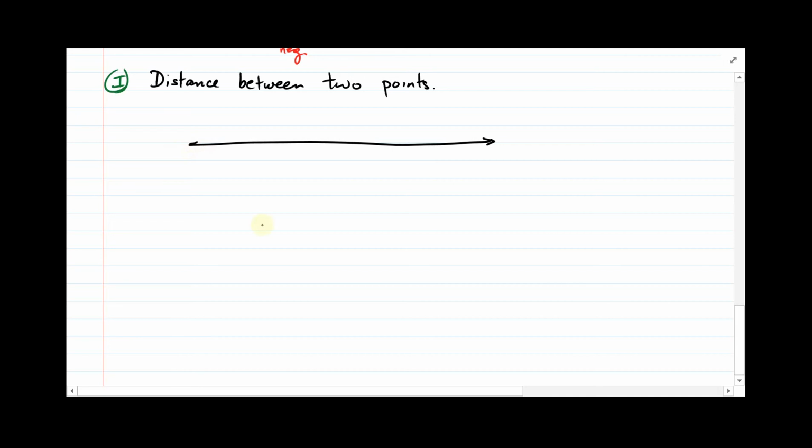If we have a number line, and this is A and this is B, and we want to find the distance between them, we say that distance is equal to the absolute value of the difference. So we can write the absolute value of A minus B, or B minus A.